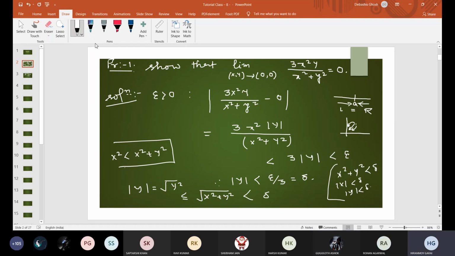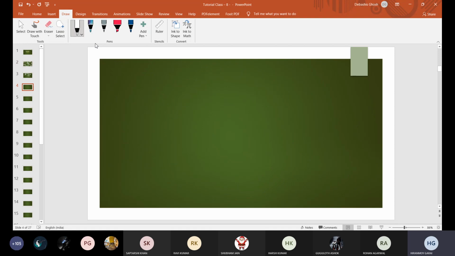So this is one way we can test. Another way we can test the existence, but there are some particular types we can define. We consider the function f of x, y, where x and y are coordinates from R2.